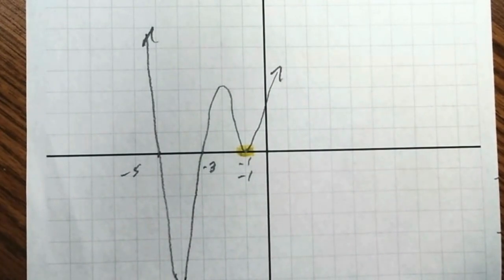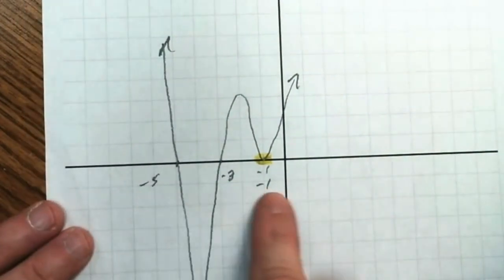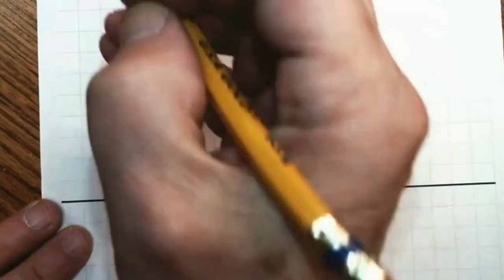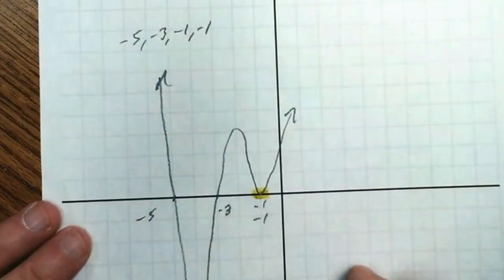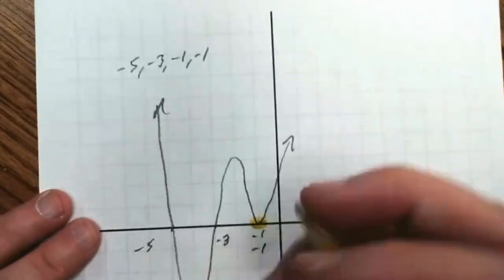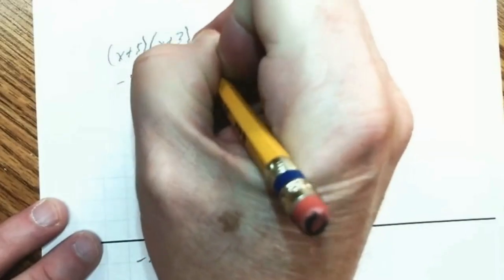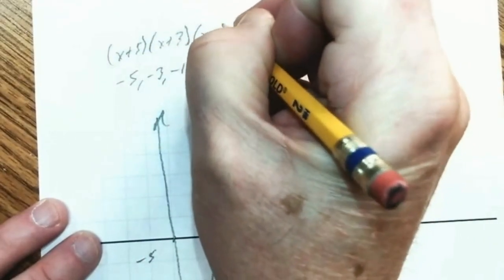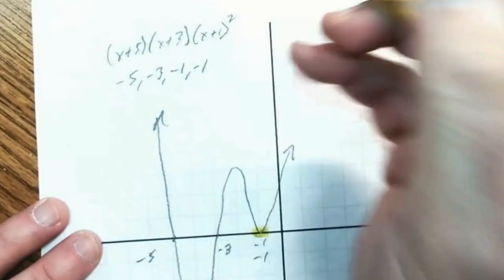What? Yeah, this is a fourth degree, apparently, because the solutions are -5, -3, -1, and -1. This is the equation x plus 5, x plus 3, and x plus 1 squared.